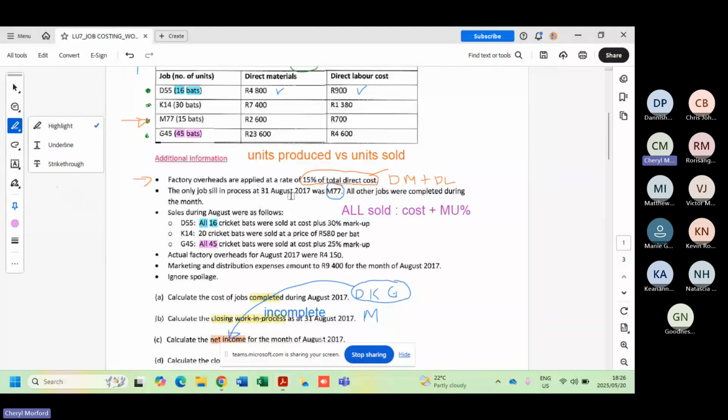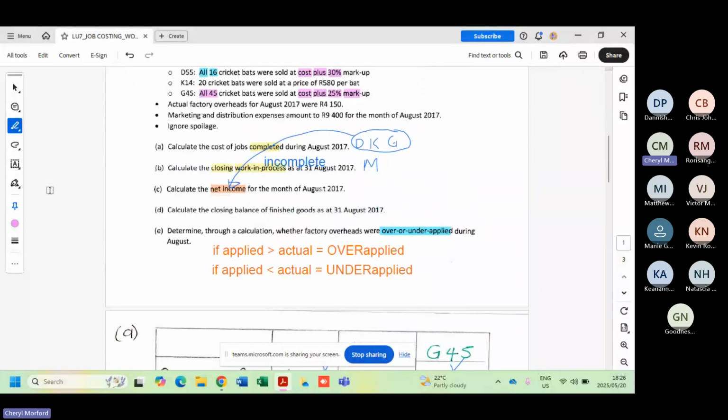And where did we get that from? It says cost plus 30%. Then we're going to do the same for G. We're going to go to the table where we worked out the cost. All the units produced were sold, so we're going to do cost plus 25% markup. That will give me sales revenue. So let me show you how to do that one.